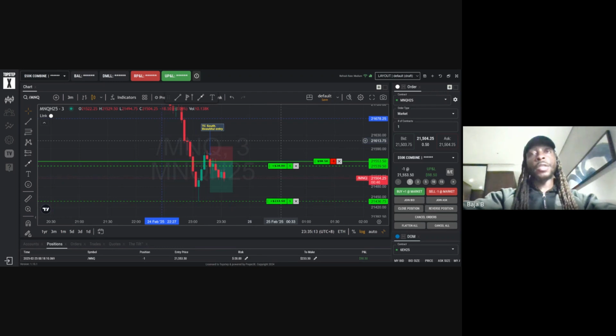And if I was anticipating a short, maybe I missed my entry. I'm not interested in selling it right now, not unless I see more sellers step in. Maybe I get trailed out because I'm the only one in this trade. Maybe we'll see. 23 seconds. Buyers are stepping in. You see that?